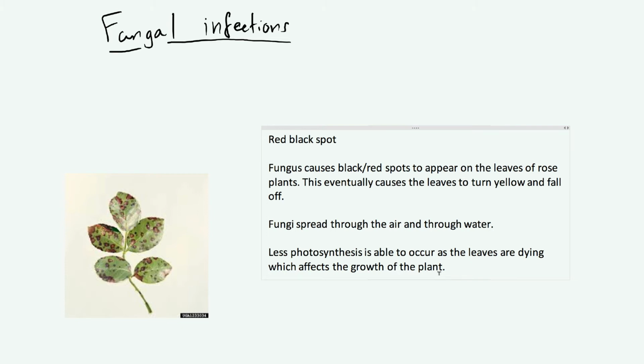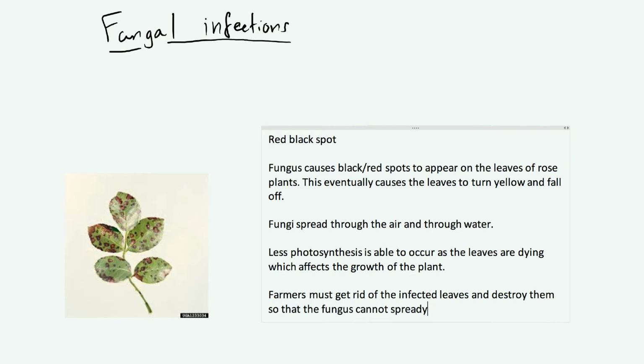All right, and therefore, if farmers want to stop this from actually fully killing the plants, what they need to do is get rid of those leaves. So farmers must get rid of the infected leaves and destroy them so that the fungus cannot spread.